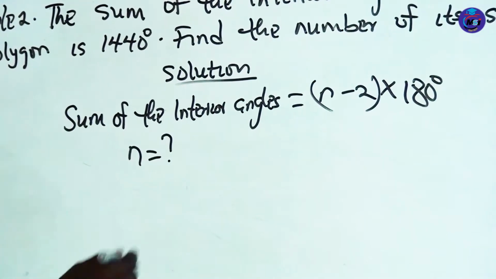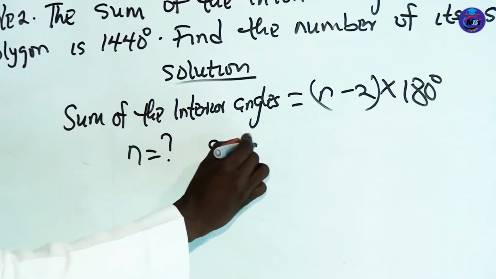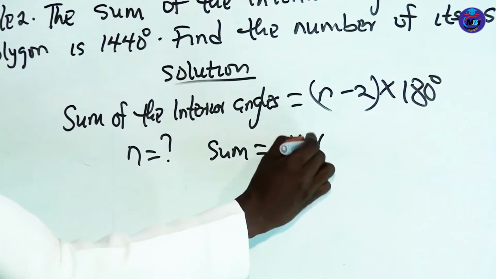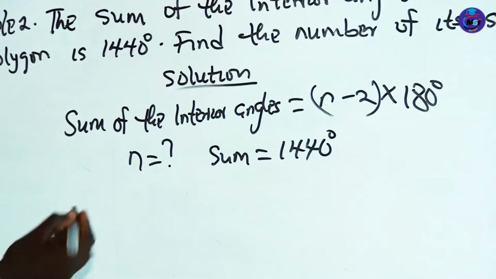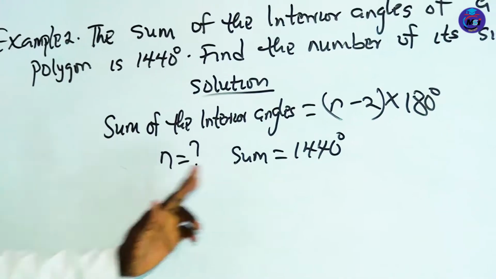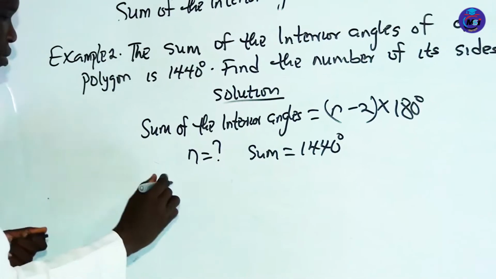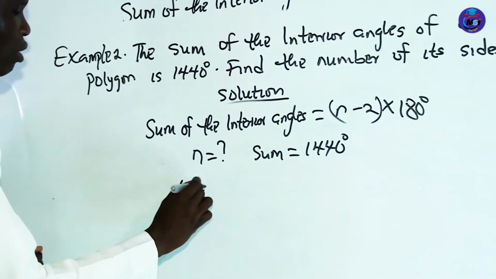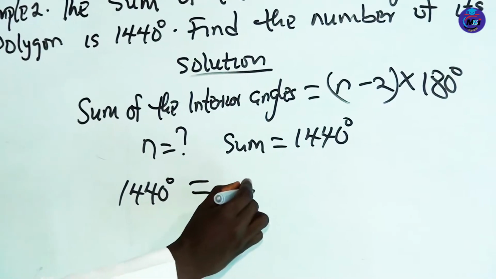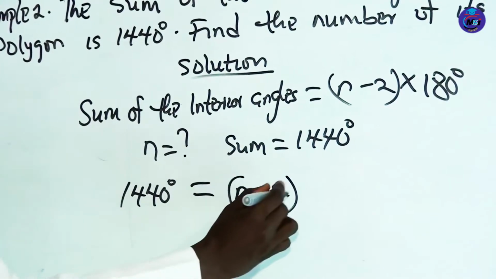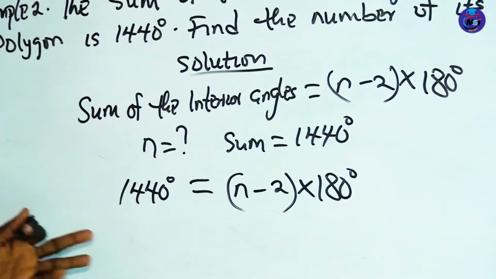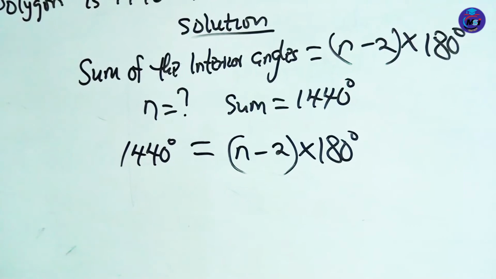N is the question, and the sum is 1440 degrees. So where you can see sum will come here, 1440 degrees. N is unknown, minus 2, okay, times 180 degrees. I believe you are following me, right?